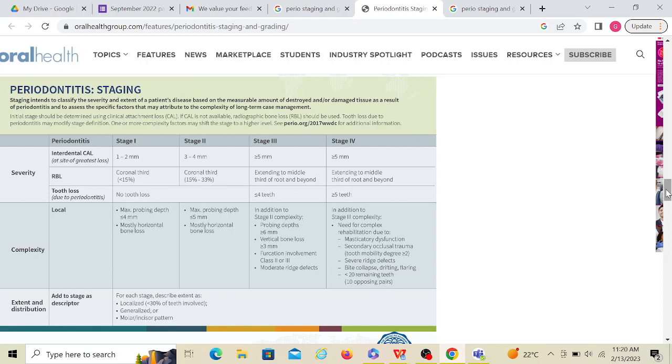Now what is grading? Grading is basically to assess what risk the patient will have with the disease progression. So if a patient comes with, say, just 1 to 2 mm of generalized recession, grading is basically giving you the risk factors. And now if the patient says, doctor, I smoke more than 10 cigarettes a day.